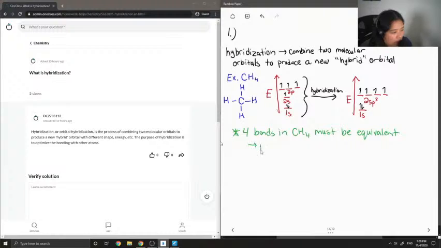so therefore we have to promote the 2s orbital, so make it a higher energy. And we have to demote the 2p orbitals, so make them have a lower energy. So basically so that they meet up in the middle.